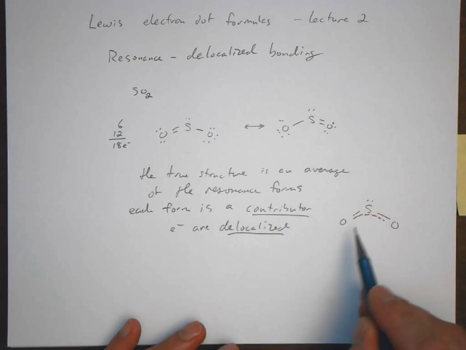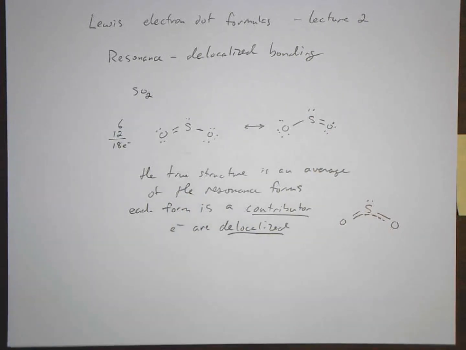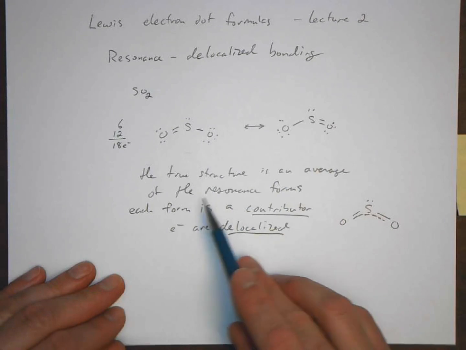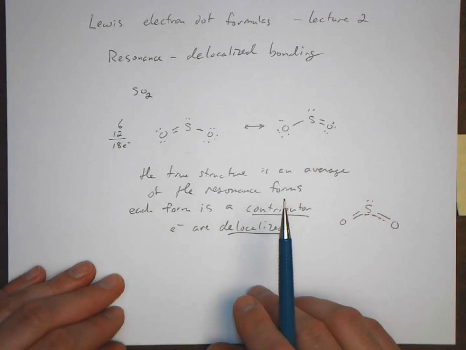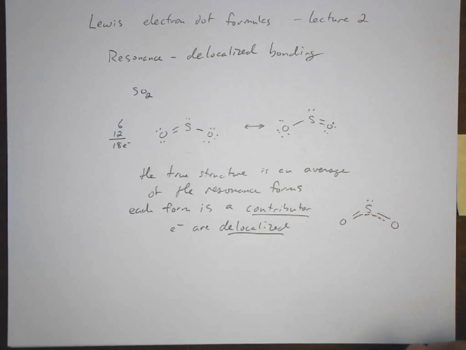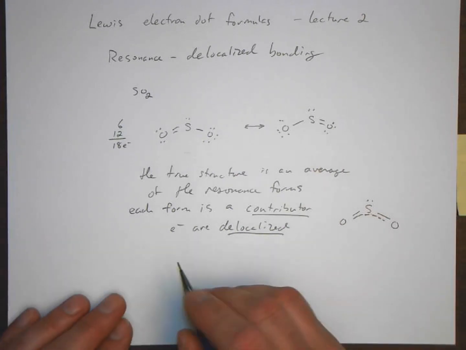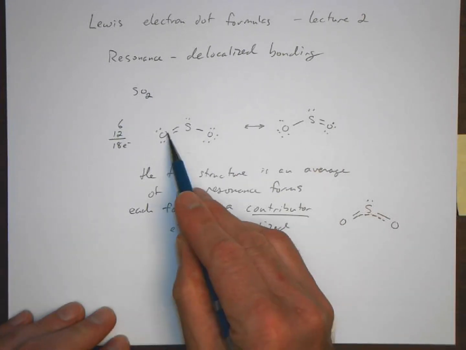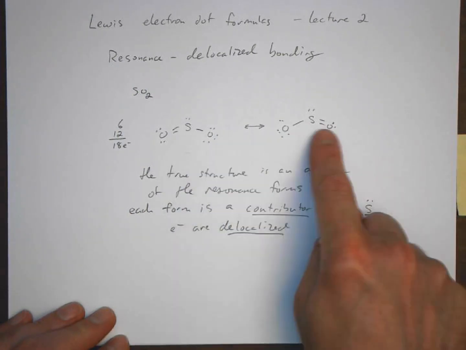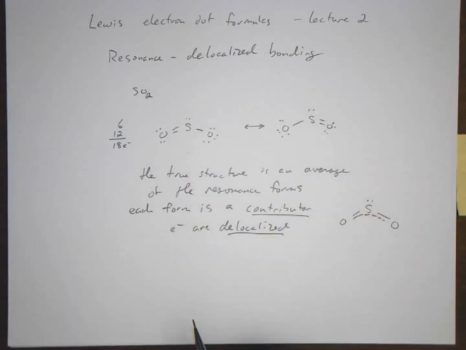So it's actually sort of like a bond and a half, if you will. It's a resonance between them. The true structure is an average of the resonance forms. In whatever resonance form you have, the arrangement of the atoms must be the same, just like I have here. In other words, this oxygen is that oxygen is that oxygen.